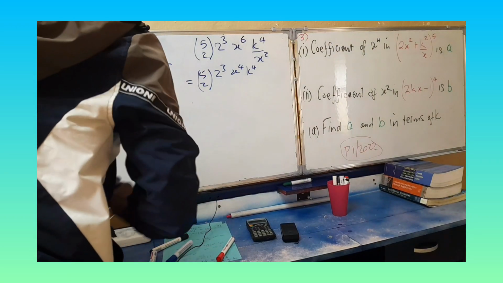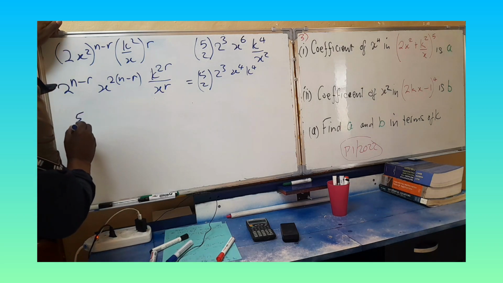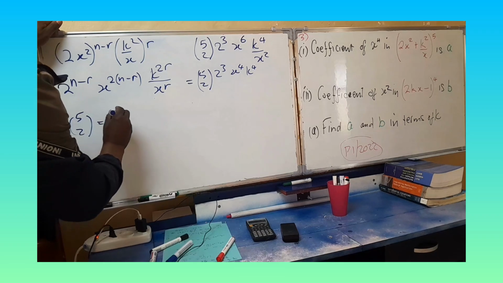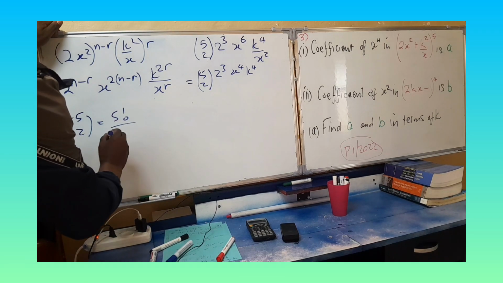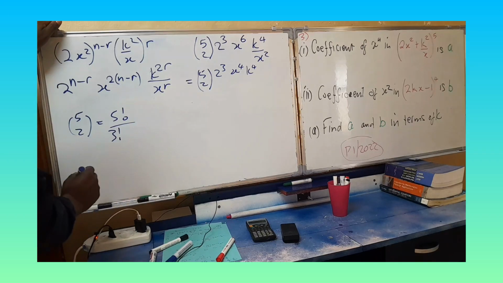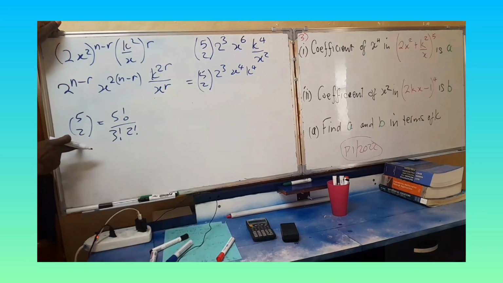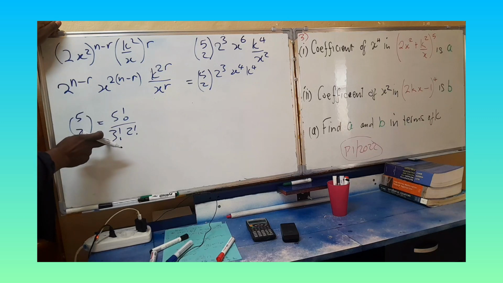Let's calculate our 5C2. I think we got it as what? Okay, let's find it out. 5C2 is equal to 5 factorial divided by 5 minus 2 factorial, which is 3 factorial, divided by our 2 factorial. Remember, here you must have n minus r. In this case, our n is 5, and our r is 2. So 5 minus 2 gives you 3 there.